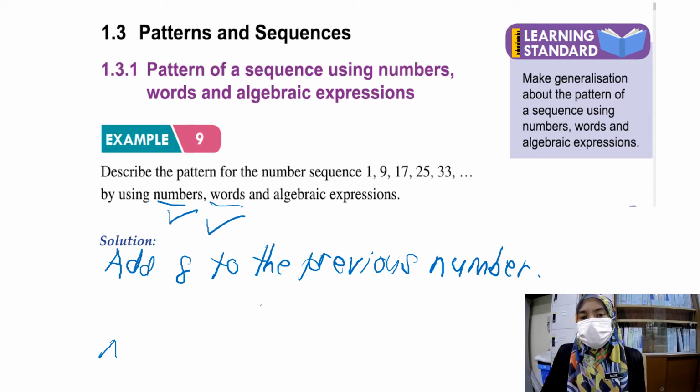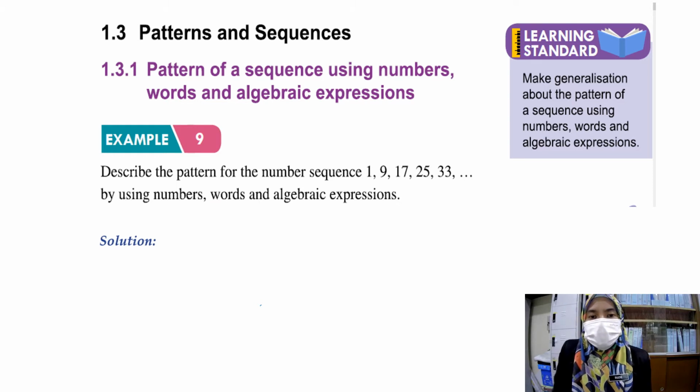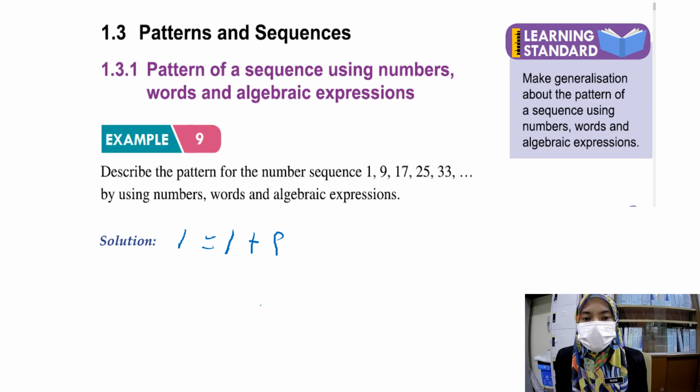Next, we need to describe the pattern in algebraic expression. As for the algebraic expression, 1 equal 1 plus 8 times 0. 0 here is the nth term.